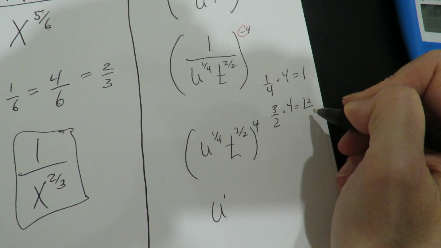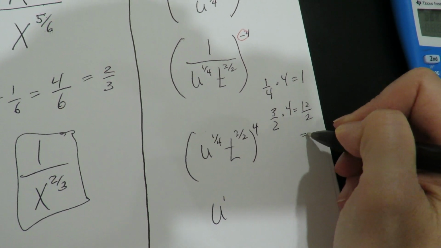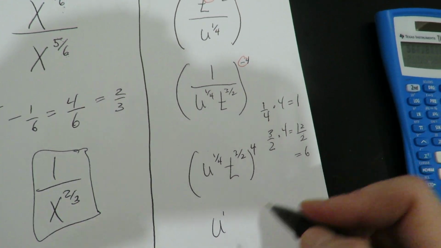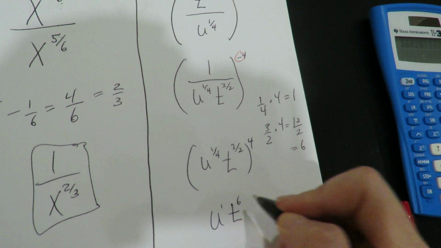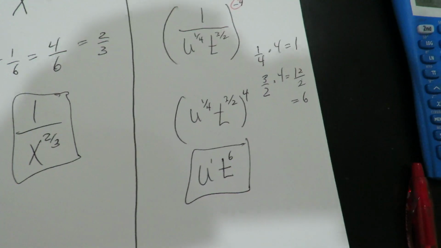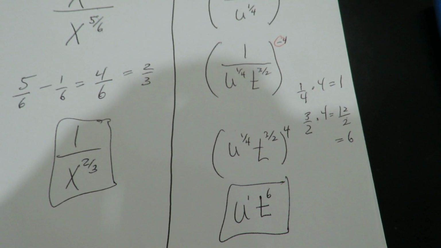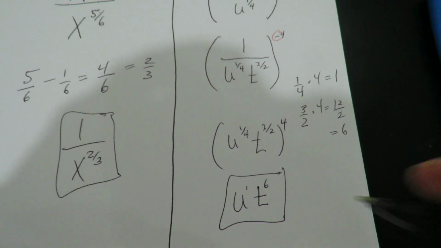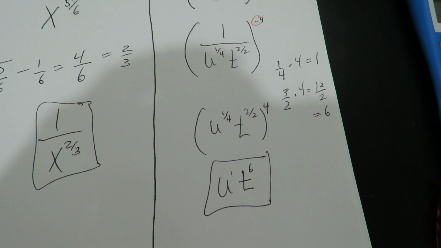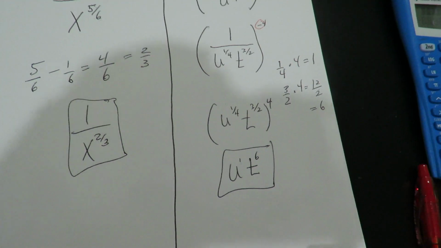Some of you like to multiply first to do 12 over 2 and then get 6. I like to reduce first, but it doesn't matter. T to the 6th. So it's u to the 1st, t to the 6th. And you don't need to write the 1. That's assumed if it's not there. Okay, let's keep going.